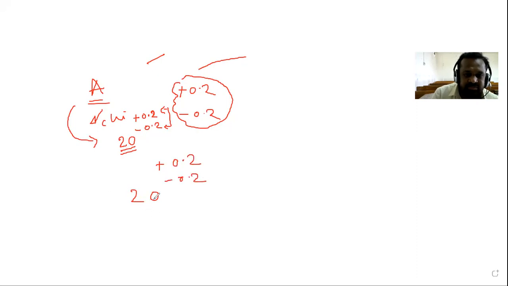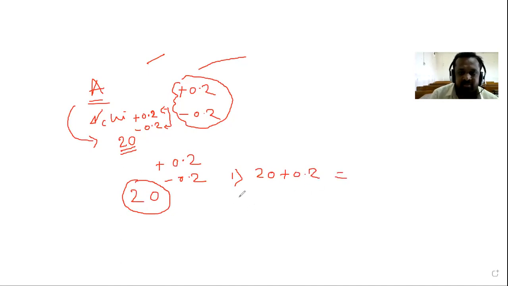Then how to write this figure? How will that 20 become? Right now that 20 will become like this. 20 plus 0.2 is equal to, and here again 20 minus 0.2.